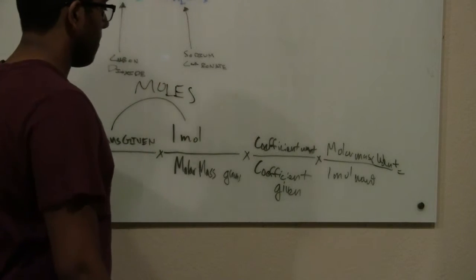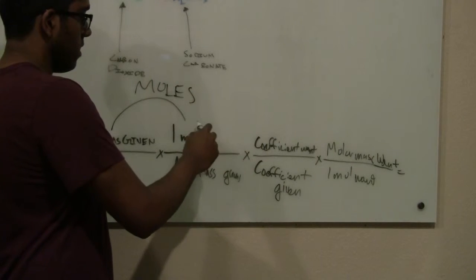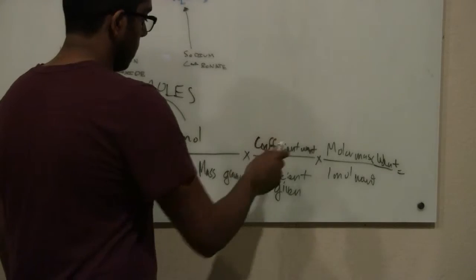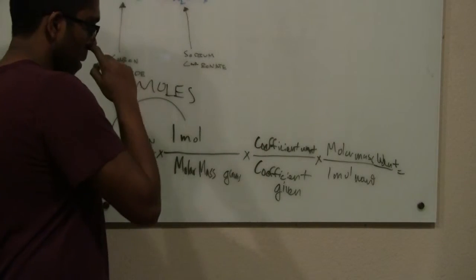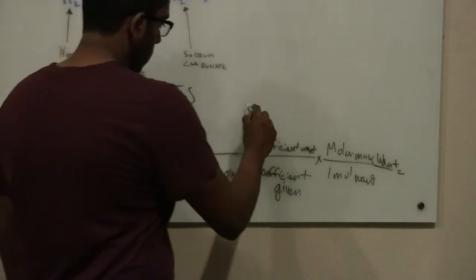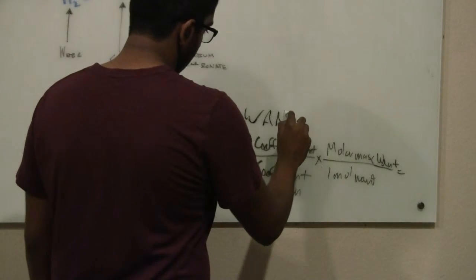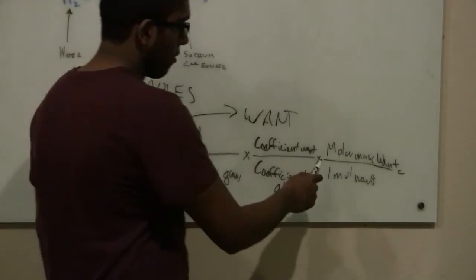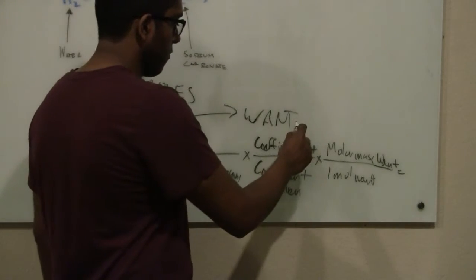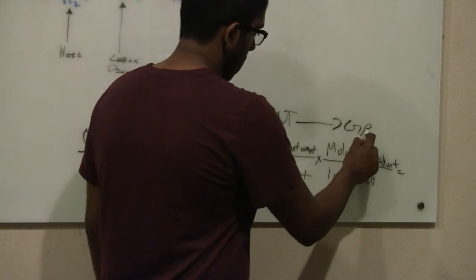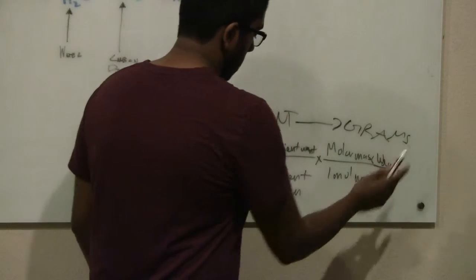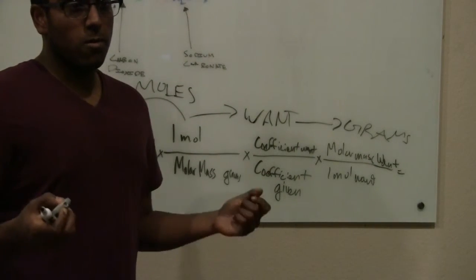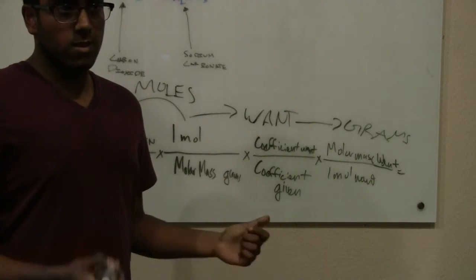And then after that, you're converting it to the other side by using the coefficients. The coefficient makes it the moles of what you want. And after that, you multiply the molar mass to get it back to the grams of what you want. And once you get that, you can compare the both, and whichever one's less, that's the limiting reactant.